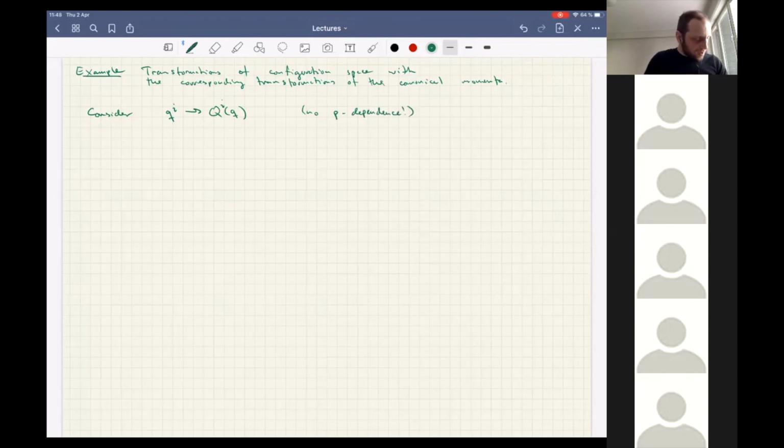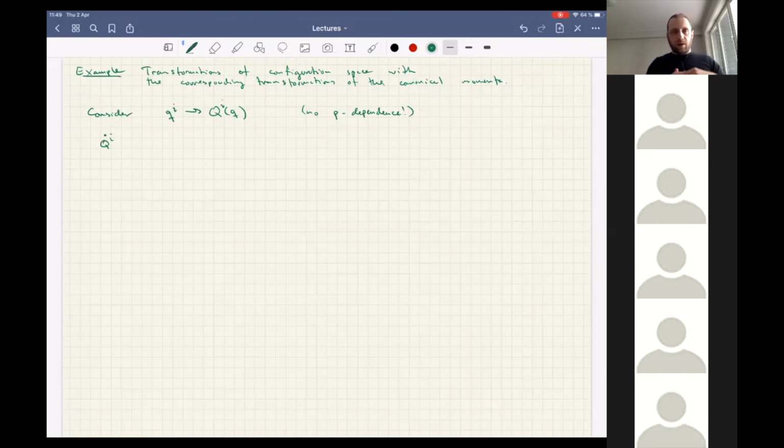Okay, so what does this tell us? What we need to find out is what this means for the transformation on phase space. The first thing I'm going to do is look at the time derivative of the new coordinates.